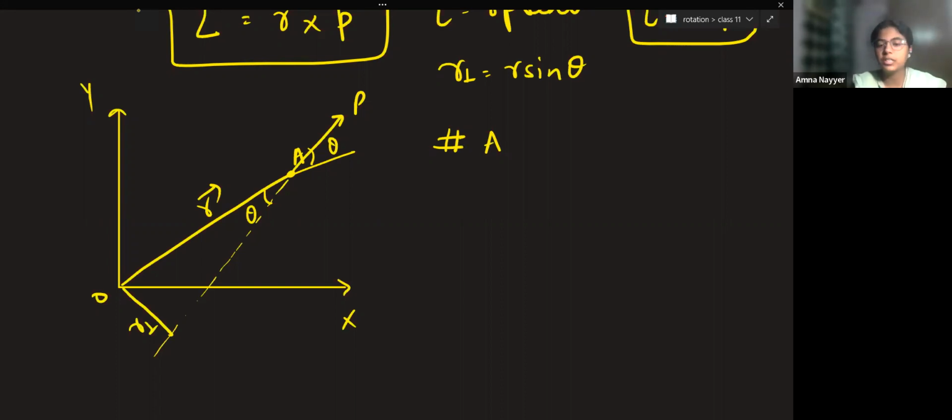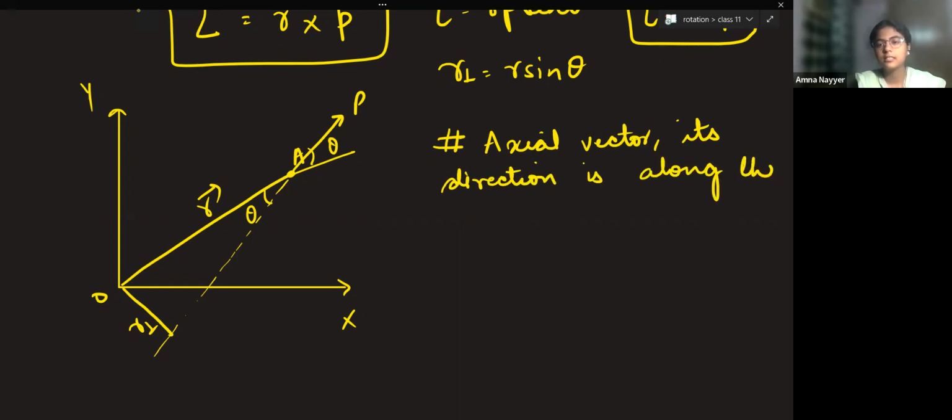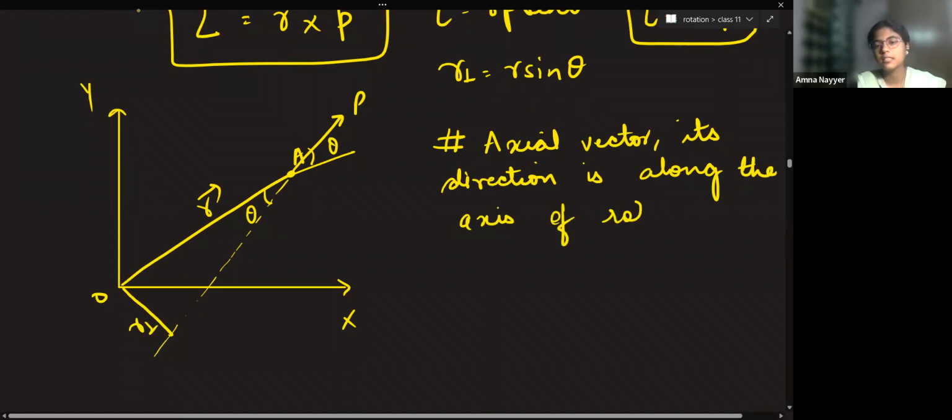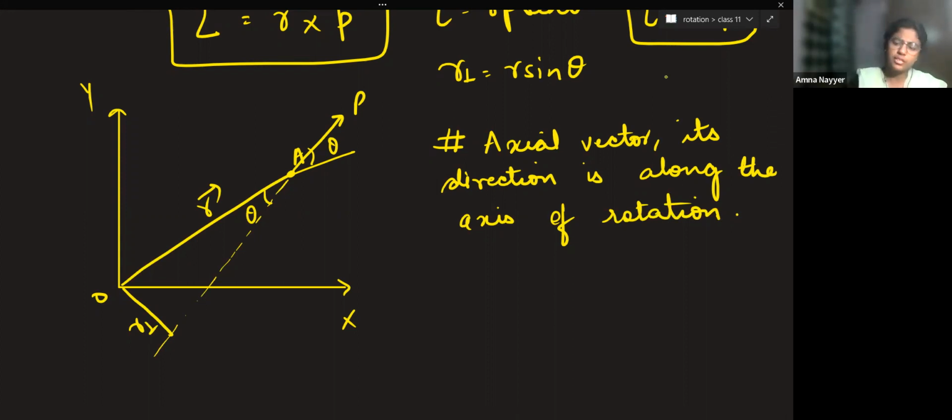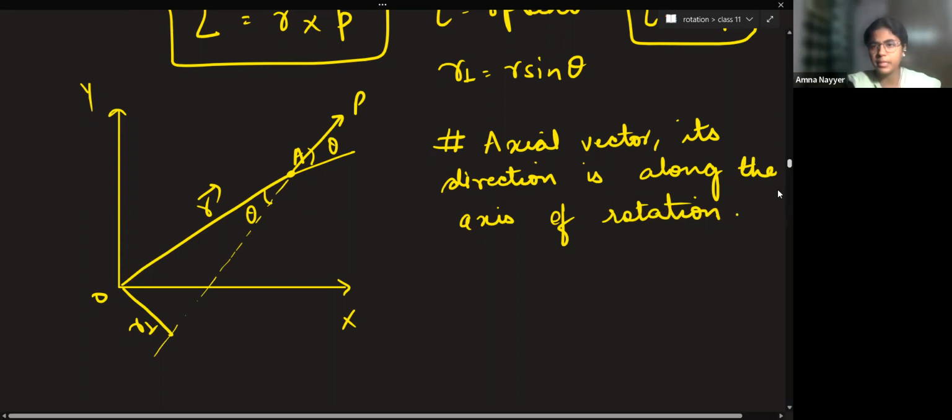So remember, since this is an axial vector, its direction is along the axis of rotation. Wherever the axis of rotation is, there will be the direction of angular momentum.